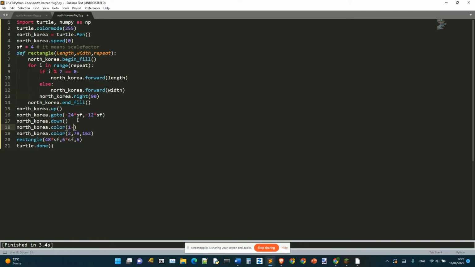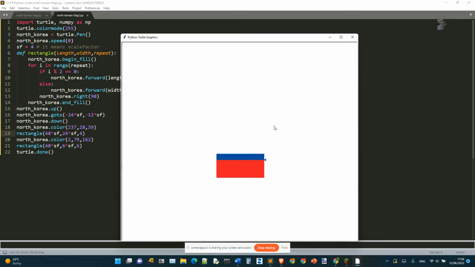North Korea dot color 237, 28, 39. Then the rectangle: 48 times SF, 24 times SF, and then 4. So let's see how it goes.